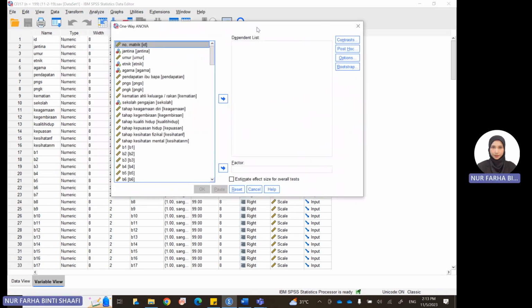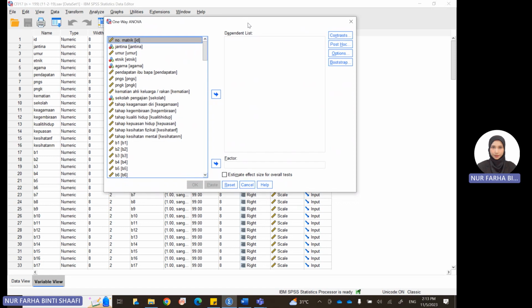So you will have a pop-up on your screen. In this pop-up, you can see you need to insert the dependent list and also the factor. Bear in mind, factor here is the independent variable. So your dependent variable just now is what?